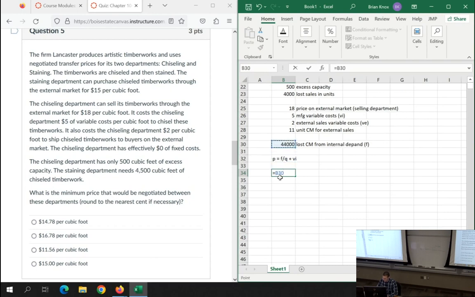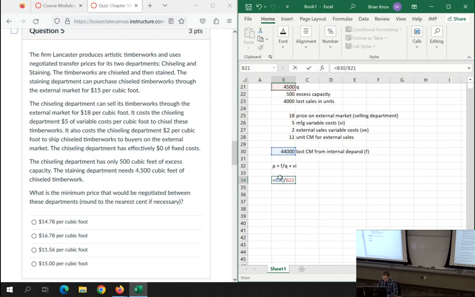So we have F divided by Q plus the internal variable costs. So that'll be our floor. It's not a lot of negotiating room there. Ceiling of $15, floor of $14.78.